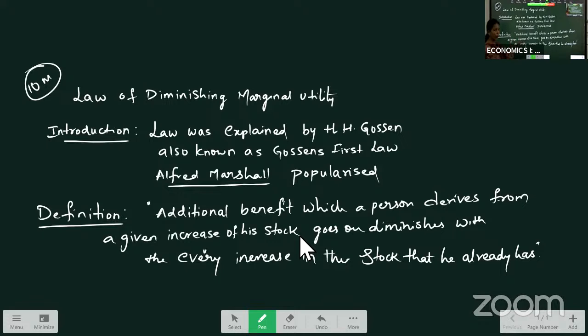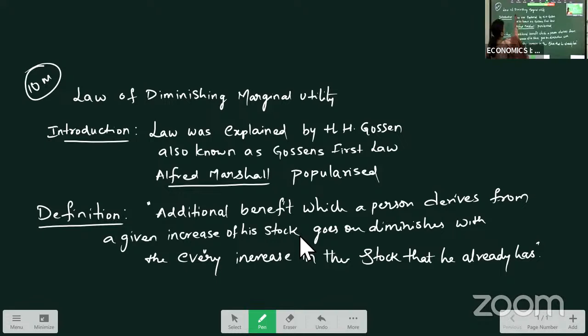So that means what? Additional benefit. When we take one extra unit, obviously we want extra satisfaction. So the extra satisfaction from the extra unit goes on diminishing. As we consume any commodity continuously, the additional satisfaction we derive goes on diminishing.